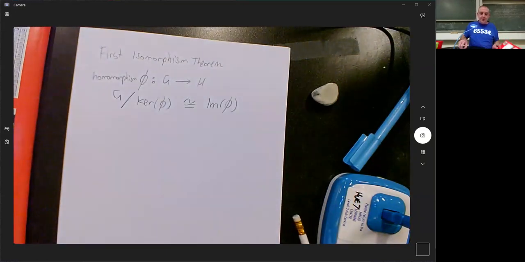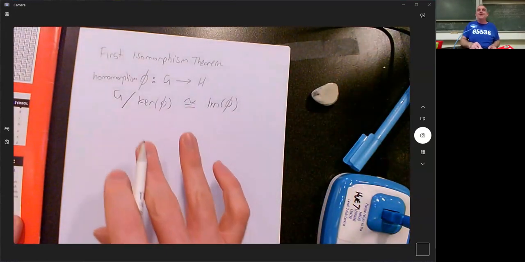And there is only one isomorphism that does this.